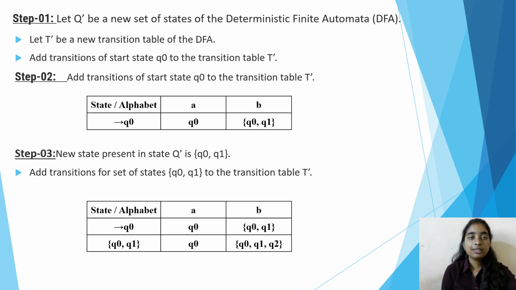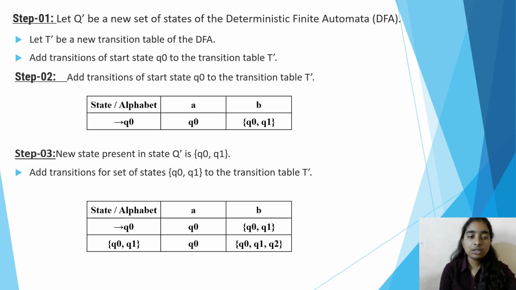Step 1: Let Q' be a new set of states of the deterministic finite automaton. Let T' be a new transition table of the DFA. Add the transitions of start state Q0 to the transition table T'. In step 3, we get the new state present in Q' as Q0 and Q1.